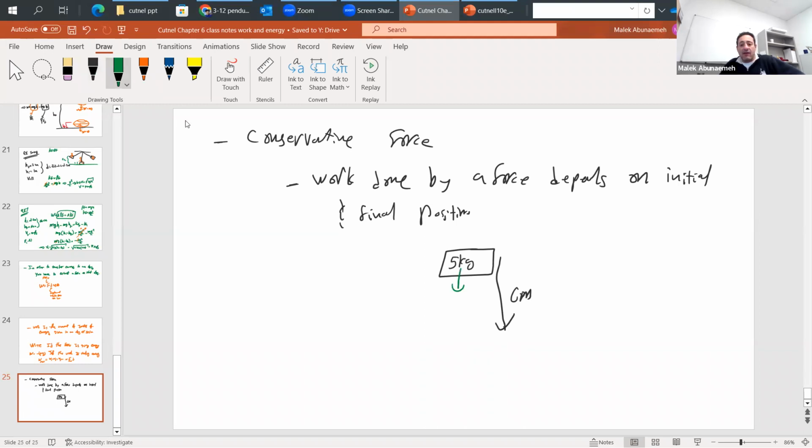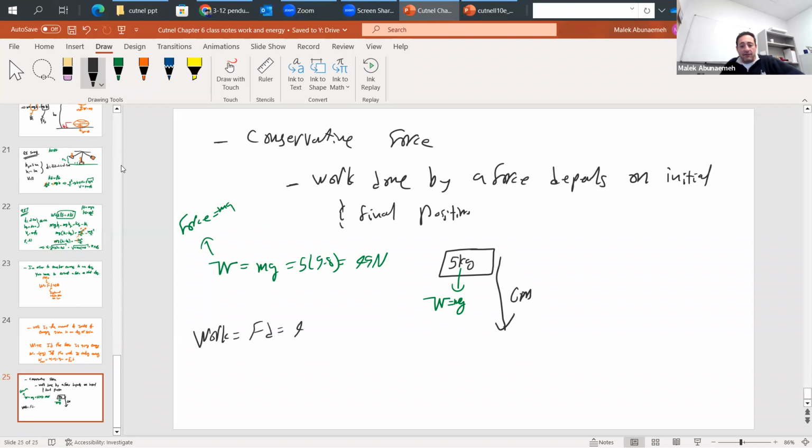Now, this is going to have a weight, which is actually a force, mass times acceleration, where the acceleration is gravity. That is 5 times 9.8 in this case, which is 49 newtons. That means the work done is that force times your distance, 49 times 6, which is going to be about 294.